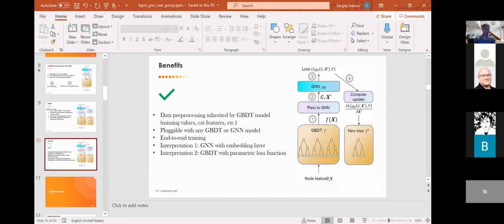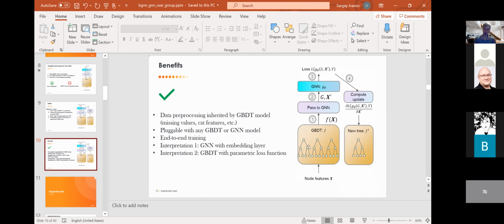And GPTs are now used in production in different companies. The co-author of this paper is from Yandex, and they use XGboost as the production model for their search and many products inside the company.